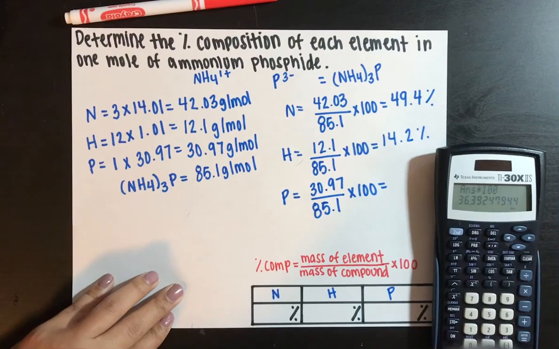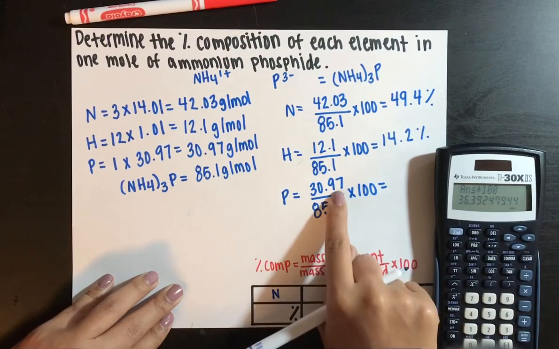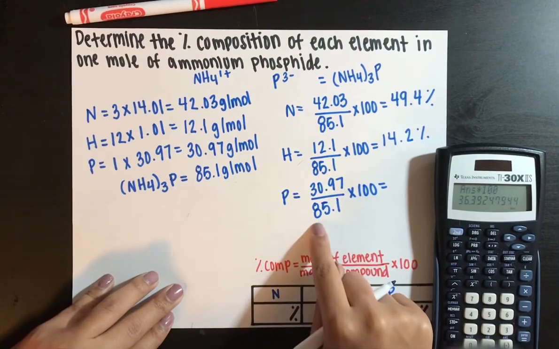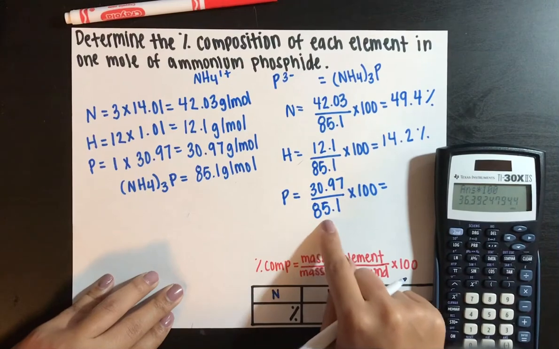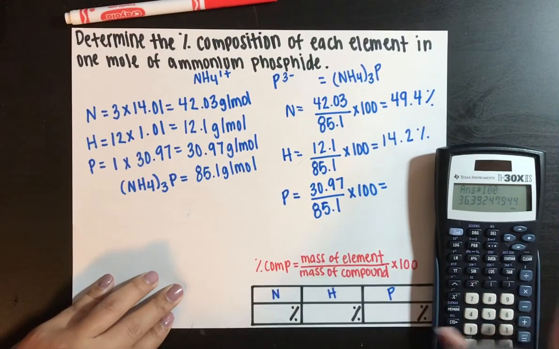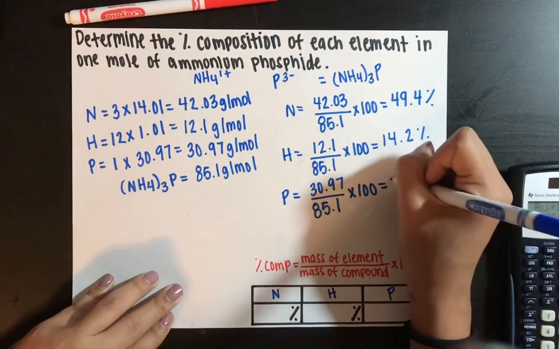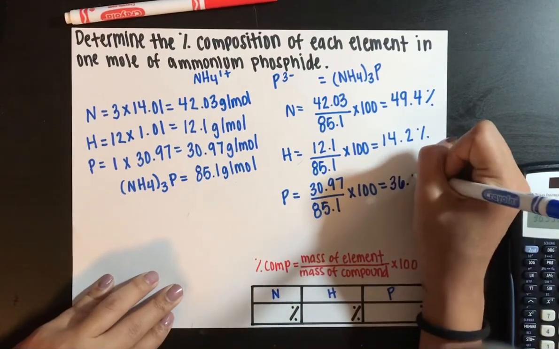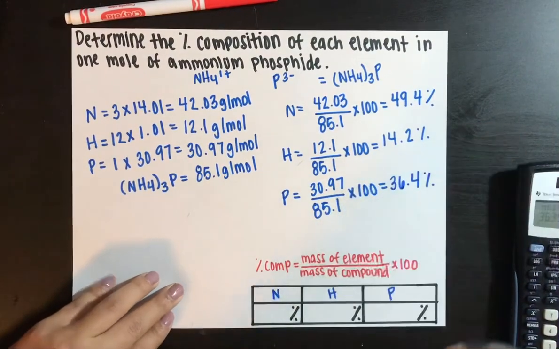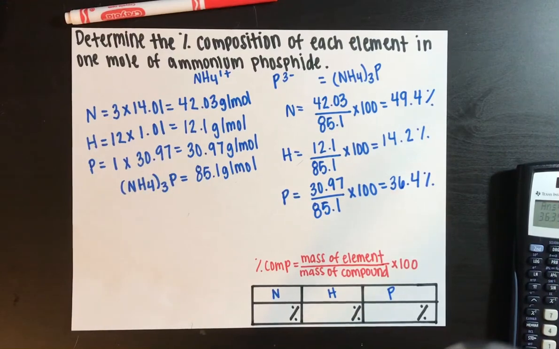But again, 30.97 has 4 significant figures and 85.1 has 3, so our final answer should have 3 significant figures. So our answer is 36.4%, because that 9 rounds up the 3.